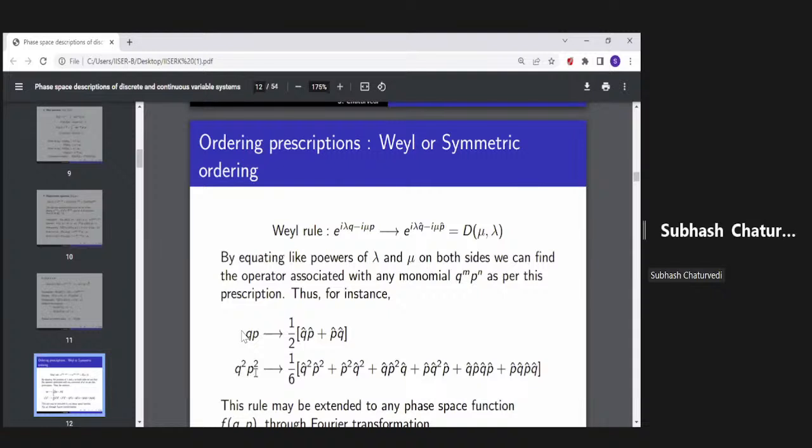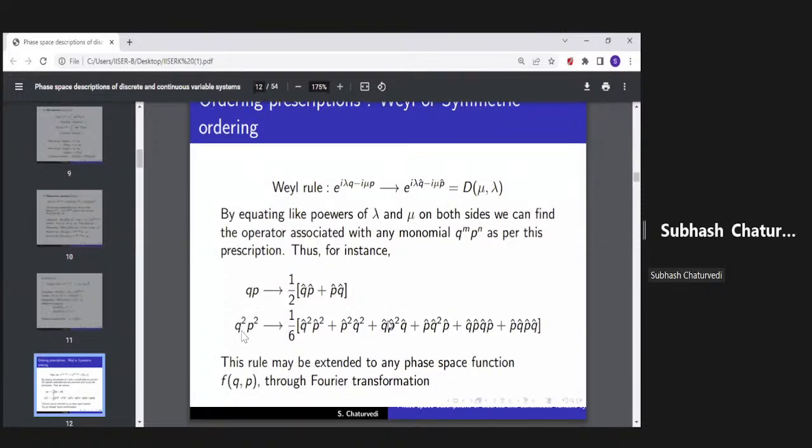It does not mean that we include all possible orderings of q's and p's and symmetrize this monomial, but it is done in a specific way dictated by this ordering rule. And as I said, for any given monomial, we can find the corresponding operator by equating like powers of lambda and mu.